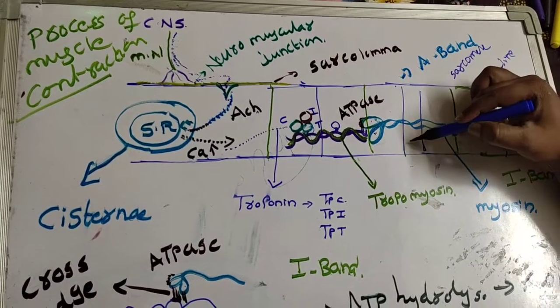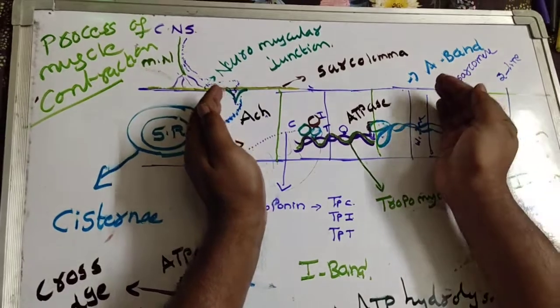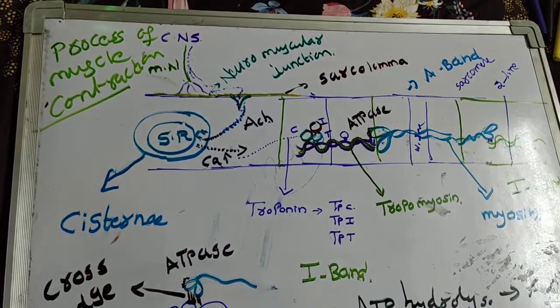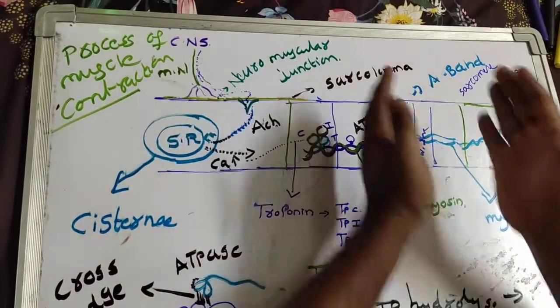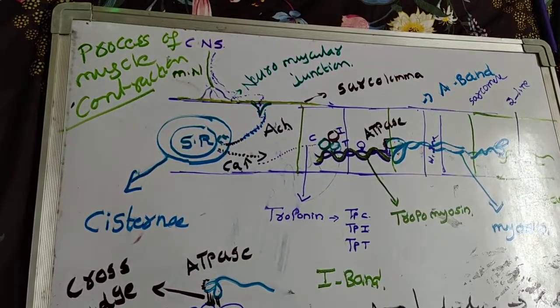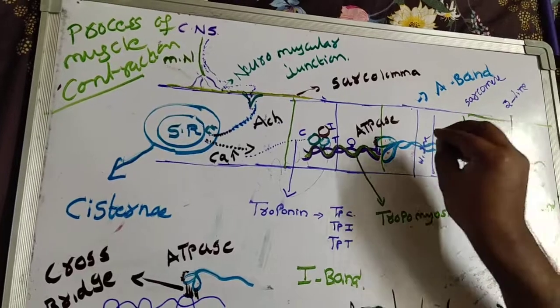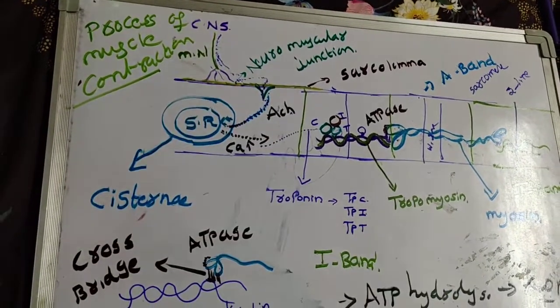That zone is called what? H zone. When it's pulled like this, the H zone is also reduced. That's why the first point is: sarcomere length decreases, the I band moves towards the A band, and the H zone is reduced or absent. Those are the main changes that take place at the time of muscle contraction.